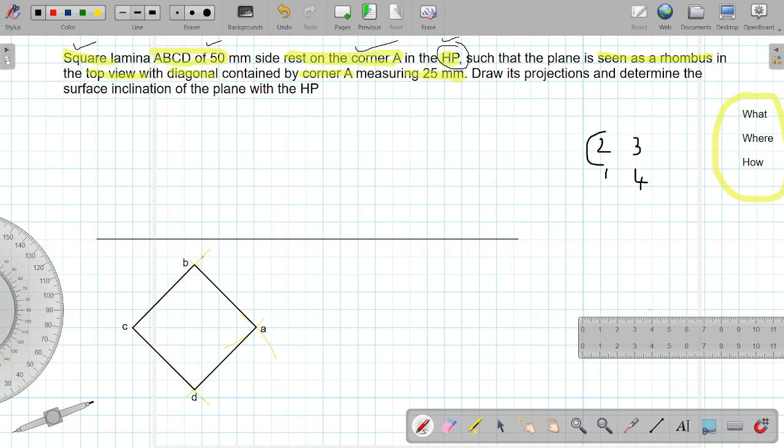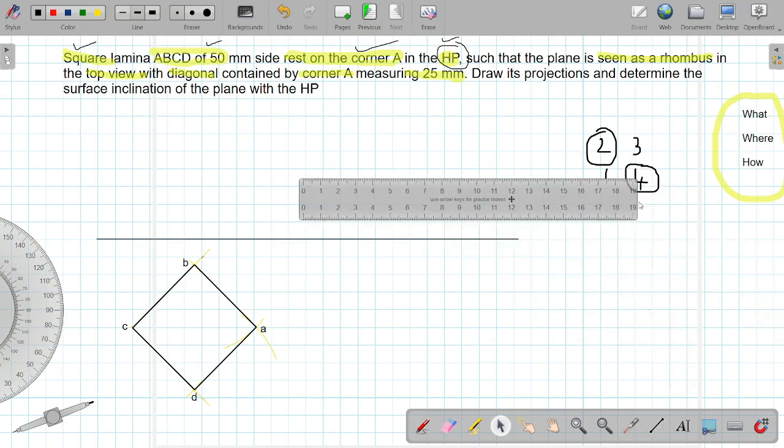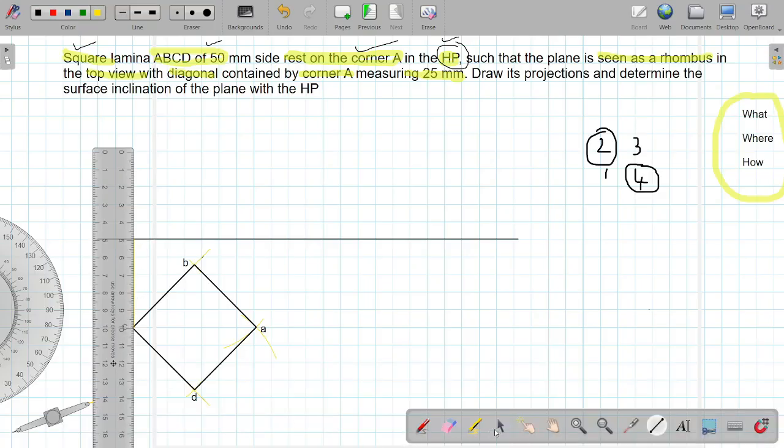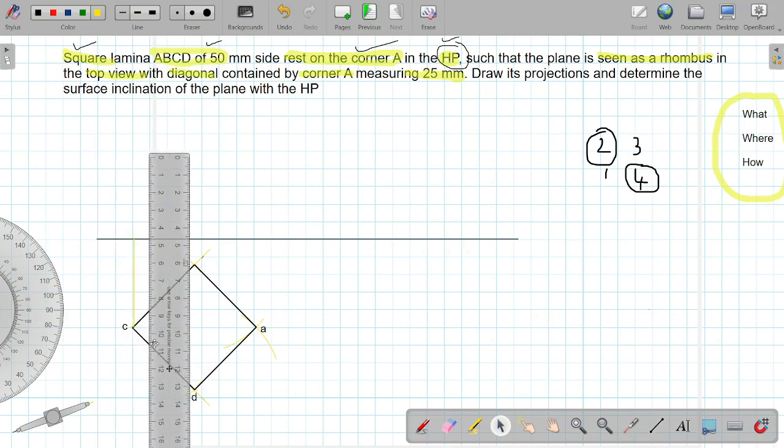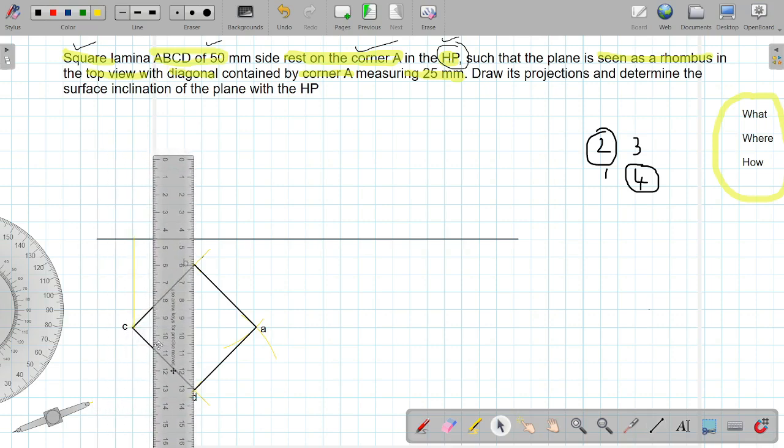In which step 2 and step 4 are by means of projections. So now I will take the projections, for which you will be making use of a scale. Taking projectors from each and every point. If your construction is perfect, B and D will come on the same line.